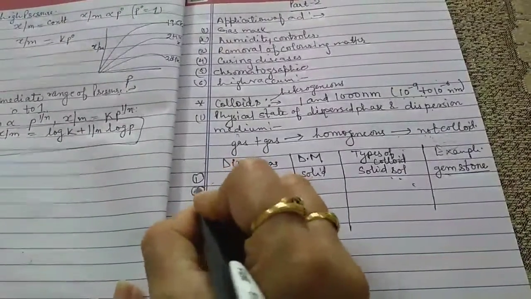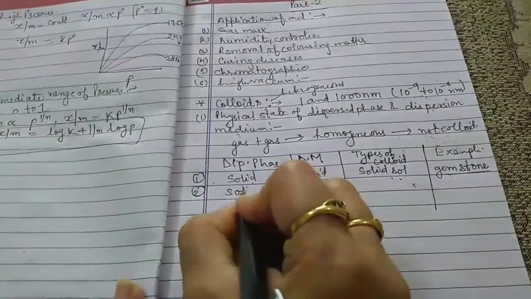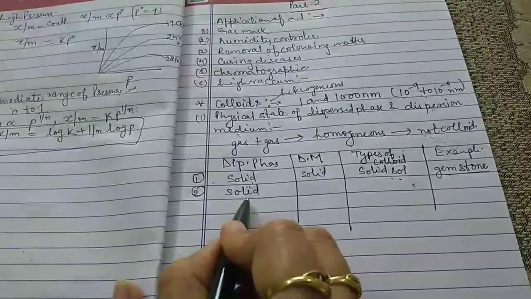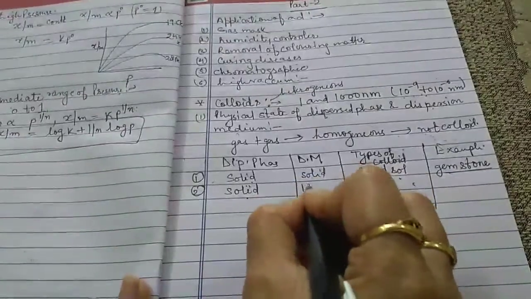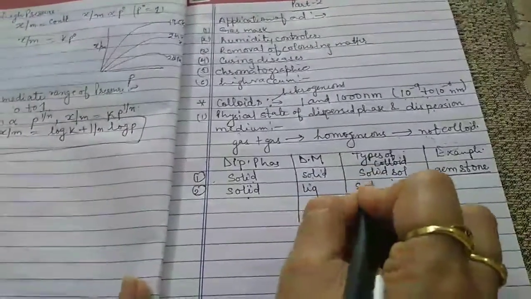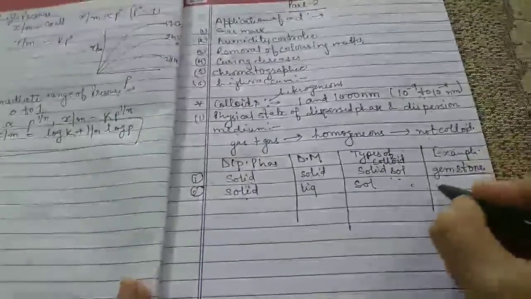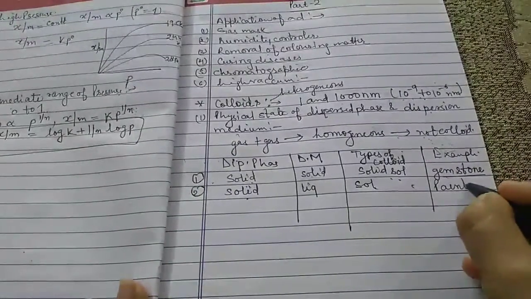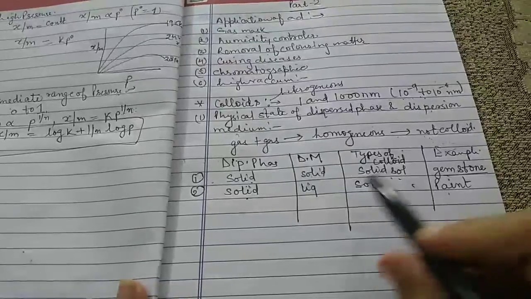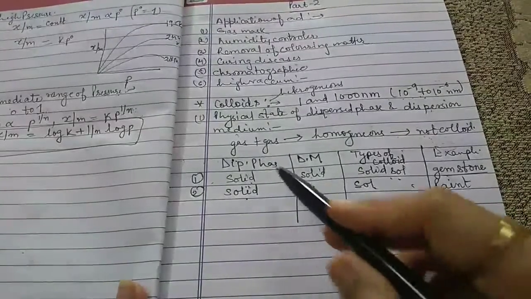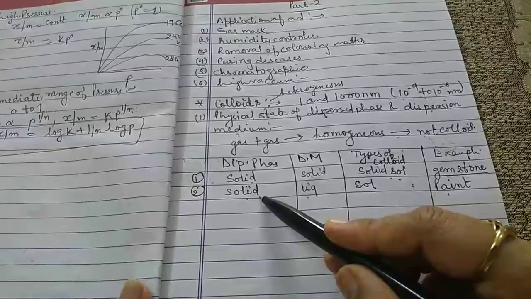Now, the second example. For example, we add the solid in the liquid. The type of the colloid is sol, and the example is paint. We all know paint. In paint, the dispersion medium is liquid and the dispersed phase is solid.